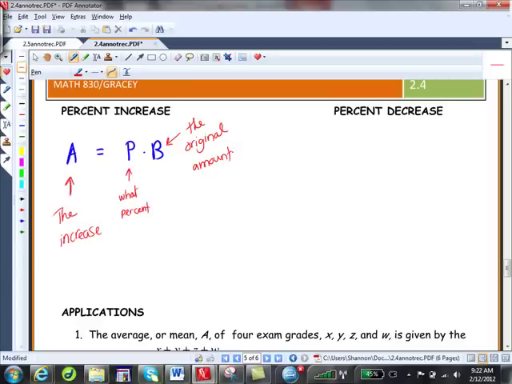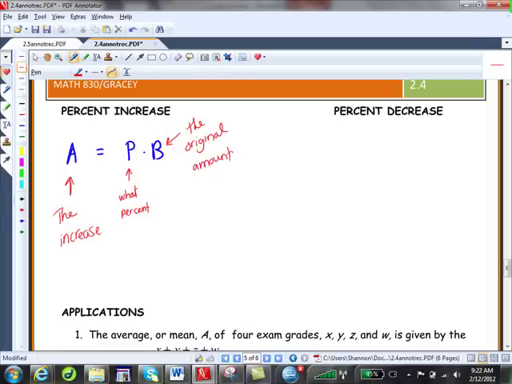So oftentimes, in application problems, they want you to use the percent increase to tell you the new price, for example. If something was increased, then what is the new price? So you're going to have to still use common sense, or number sense, to figure out what kind of number your end result should be.